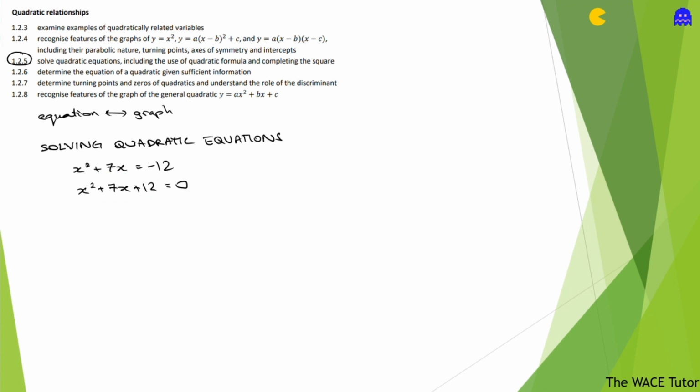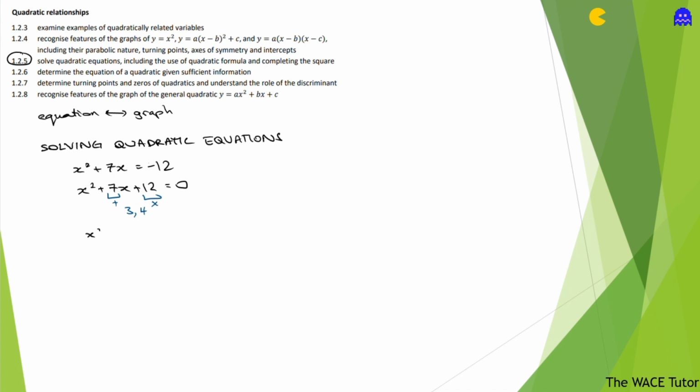So in the case here, we've got x squared plus 7x plus 12. We want to figure out two numbers that add to 7 and multiply to 12. These two numbers will be 3 and 4. They want to add to 7: 3 plus 4 is 7, and 3 times 4 is 12.